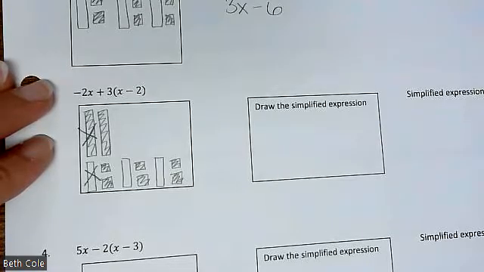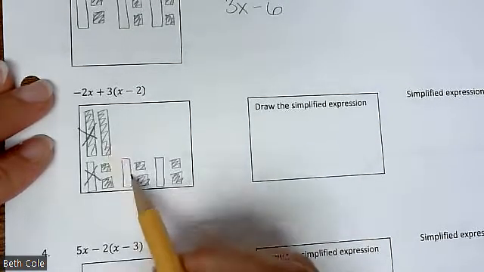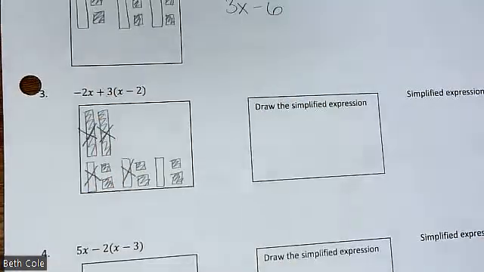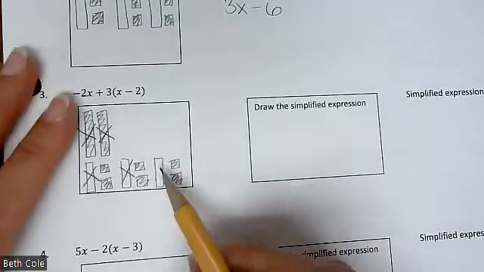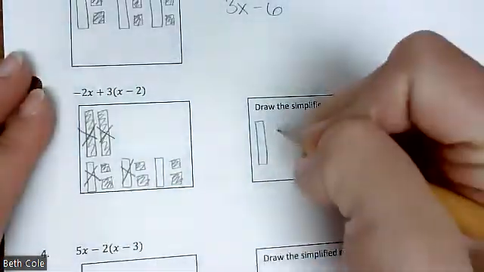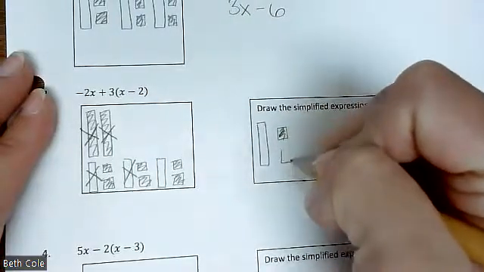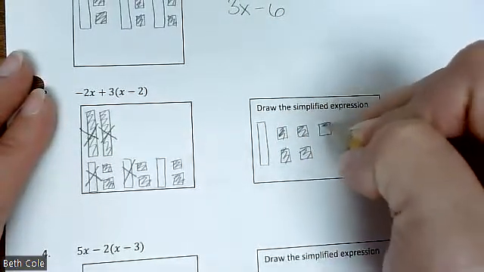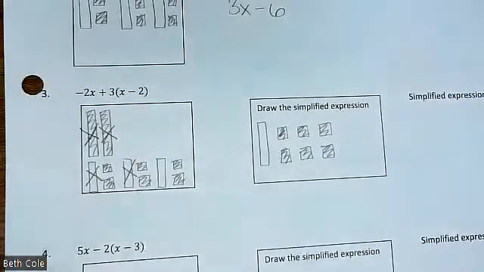You want stuff to go away. All right, and then do you see how we have another one, a negative x and a positive x? So those go away. You can just x them out. So the simplified expression is what's left. So we have one of the rectangles and then 6 of the little shaded in squares. So the simplified one is what's left after you've canceled out.